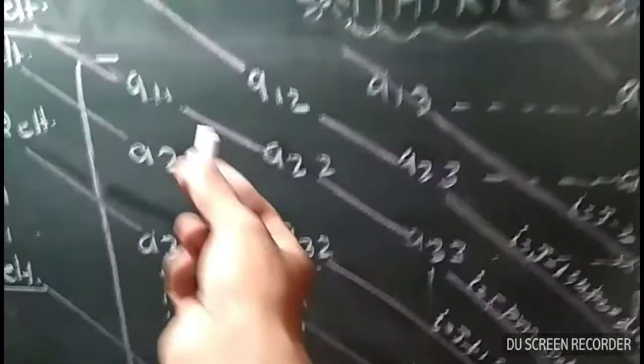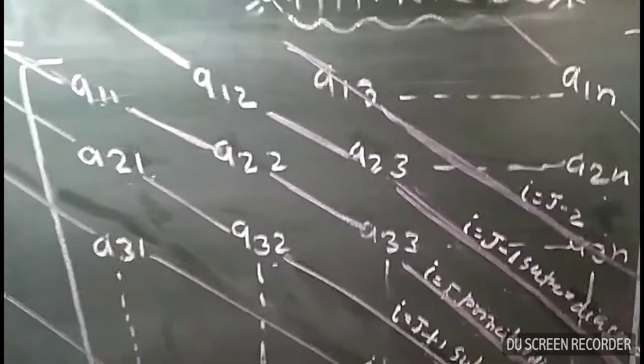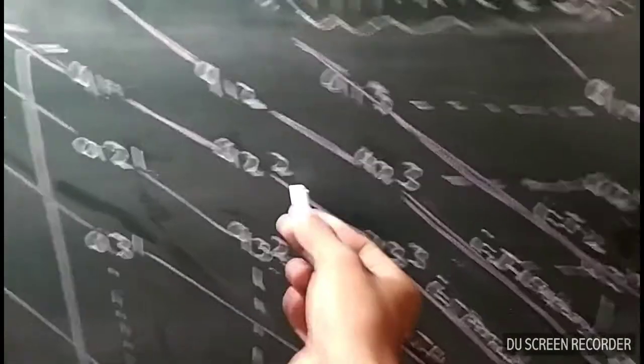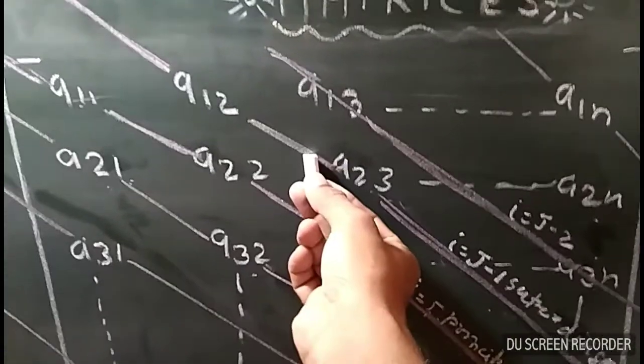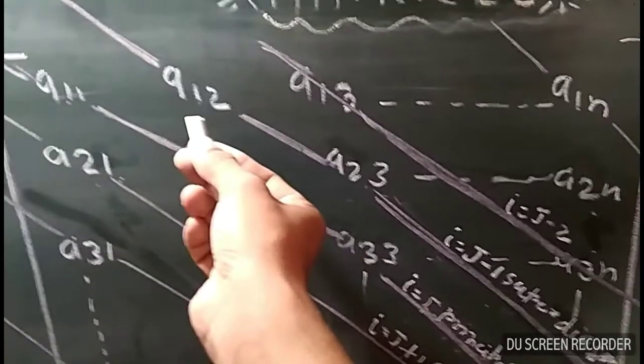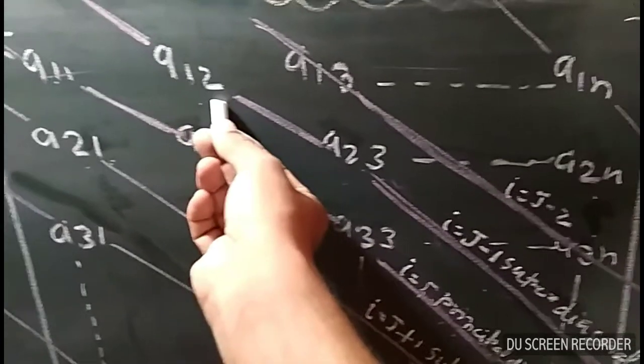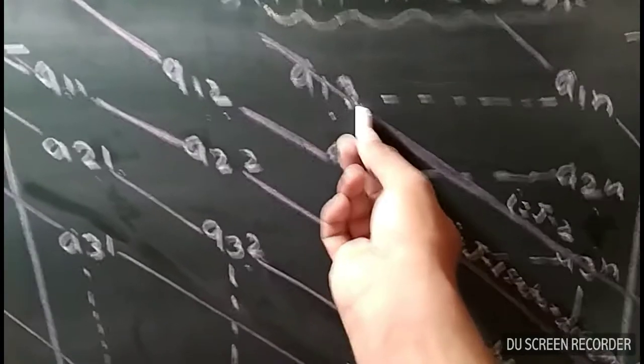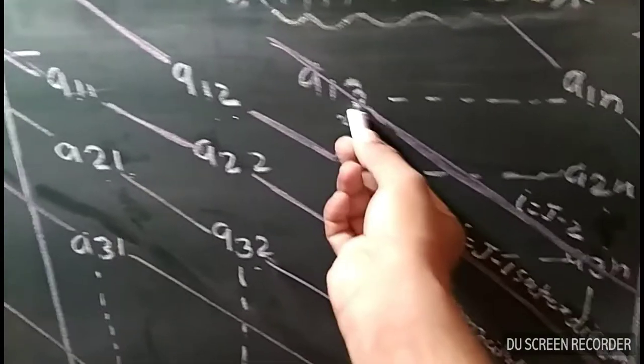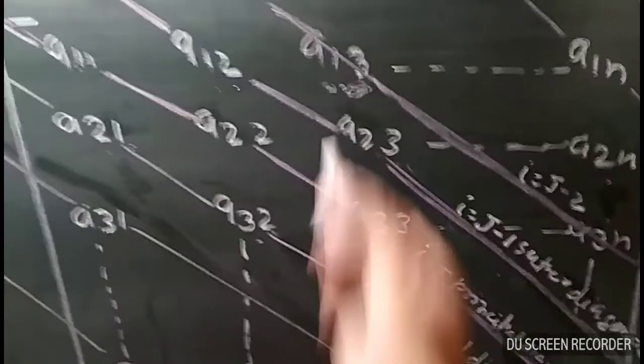Here we easily check that this is the principal diagonal. If we go above the principal diagonal, the row number is smaller, that is 1 2, here 1 3. The column number increases and the row number decreases.